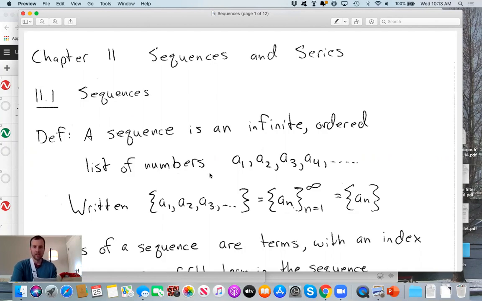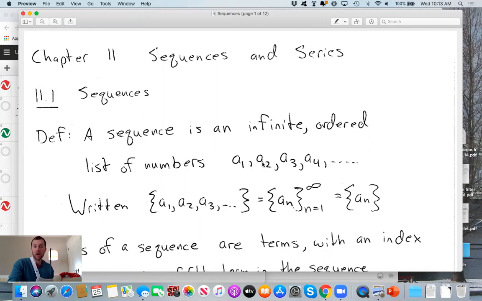In general, this looks like we have some first thing in our sequence, a second thing, a third thing, a fourth thing, and so on. So anytime you have an ordered list of numbers, that's going to be a sequence. And the sequences that we're looking at will always be infinite.